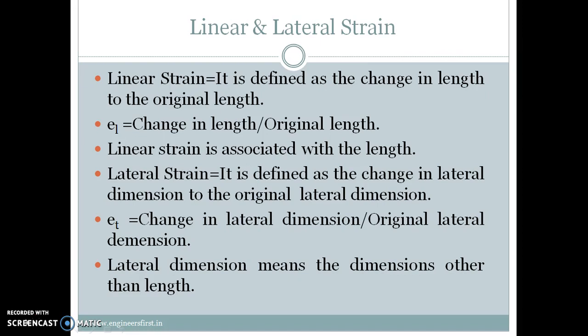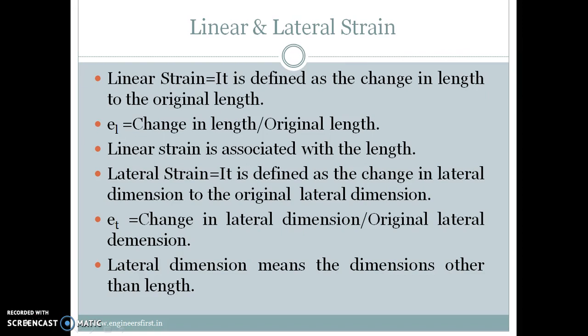There are also three basic types of strength: tensile strength, compressive strength, and shear strength. What is tensile strength? It is nothing but the ratio of change in dimension to the original dimension when the applied force is tensile, but we can say it is the elongation to the original length, because elongation means increase in length.